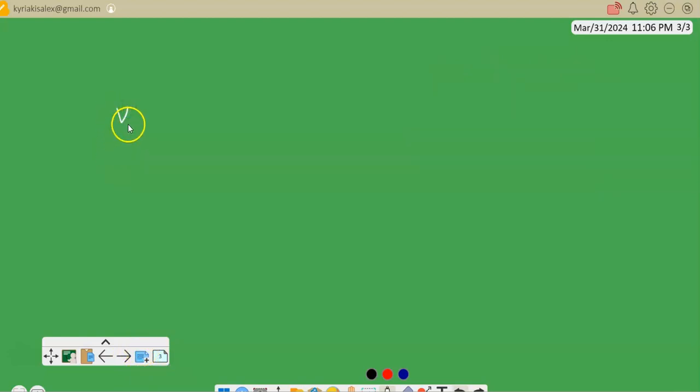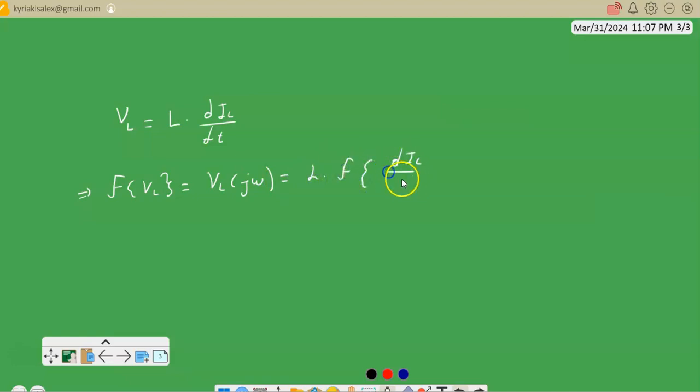The voltage applied to the inductor is the value of the inductance times the rate of change of the current with respect to t. I take the Fourier transform. This is L here.